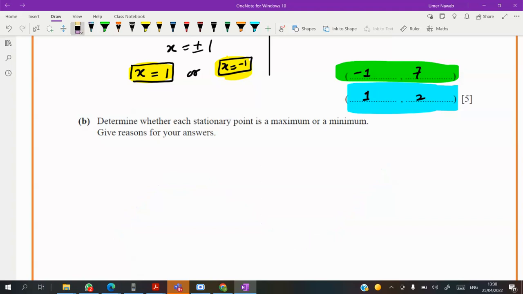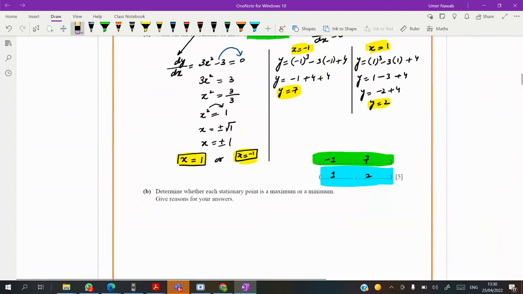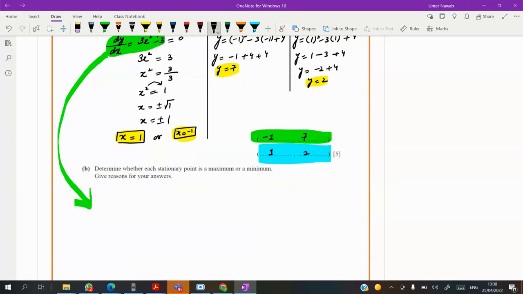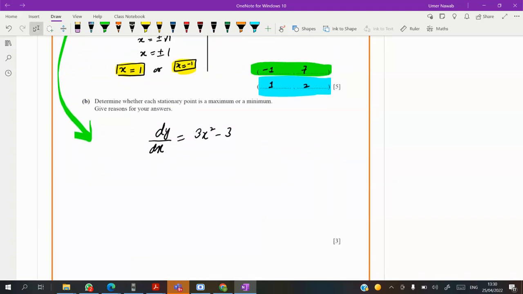Very easy, very simple. You remember that you already found the derivative. Can you please copy your derivative here? Your derivative is 3x squared minus 3. Can you please take the derivative one more time? Differentiate again. It is called the second derivative.